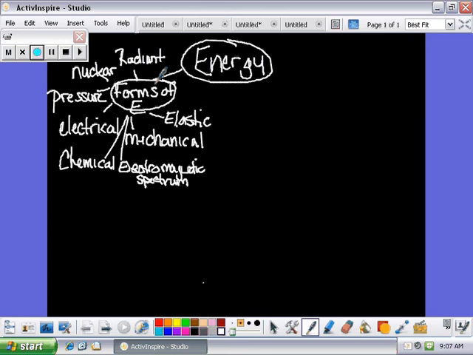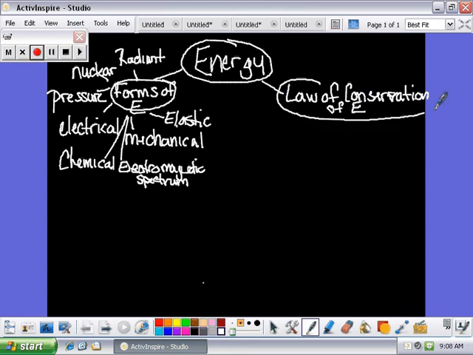So we have our law of conservation of energy, which basically states energy cannot be created or destroyed, it can only be transformed into another form.